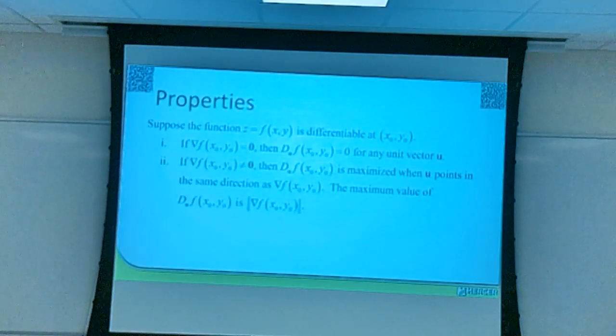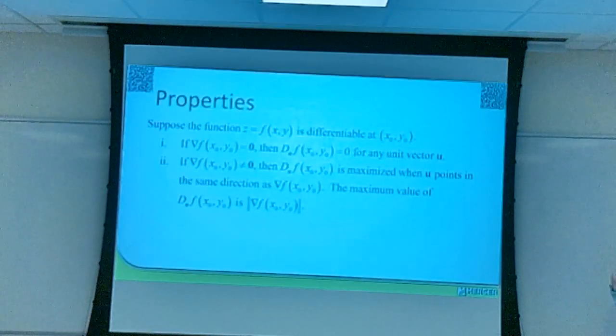The thing to note is if del f is 0, then the directional derivative is 0 in every direction. That means there's no change in any direction. If it's not 0, then your rate of change is maximized in the same direction as the gradient. And its maximum value is the magnitude of the gradient.